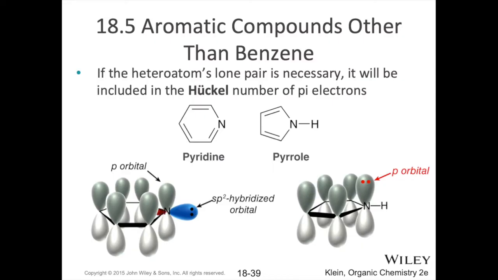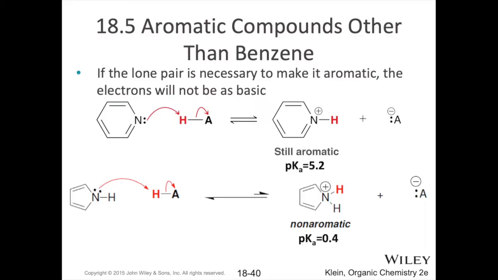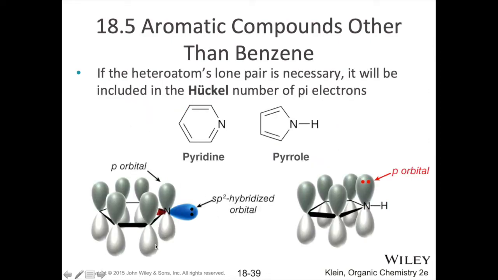All right. Now, this is actually what leads to their basic properties. So pyridine, I mentioned, is a very common base, and the reason for this is that its lone pair is not used for the aromaticity. So if I go back to this picture here, you can see that the unhybridized p orbital on that nitrogen is available to use for our conjugated pi system.